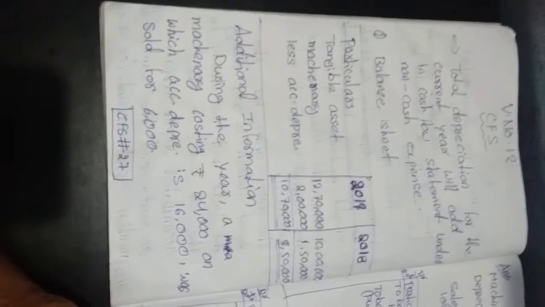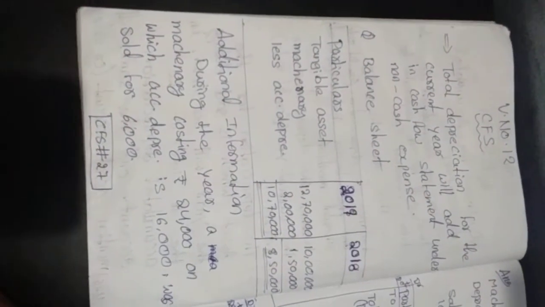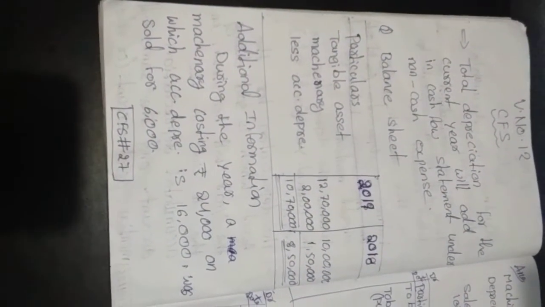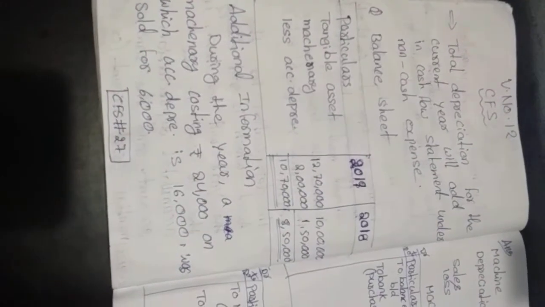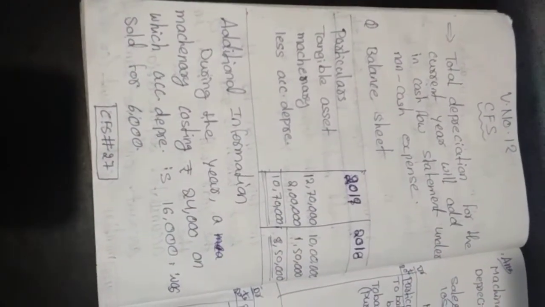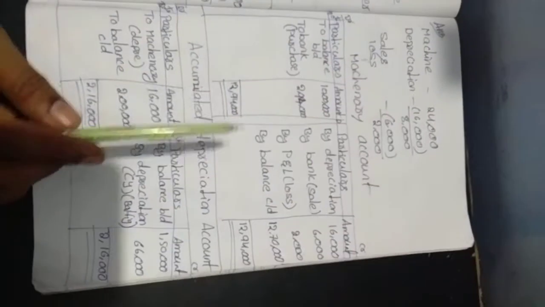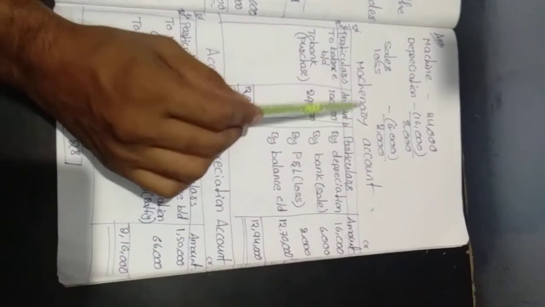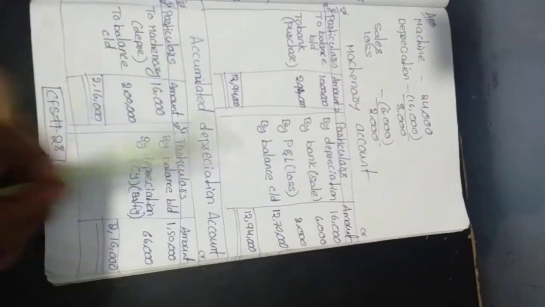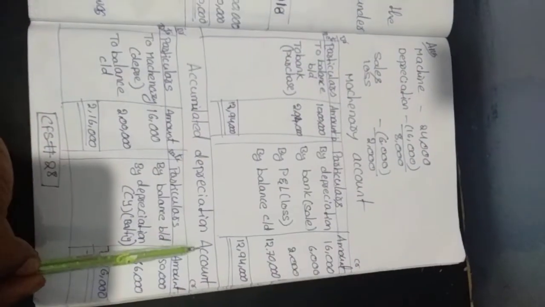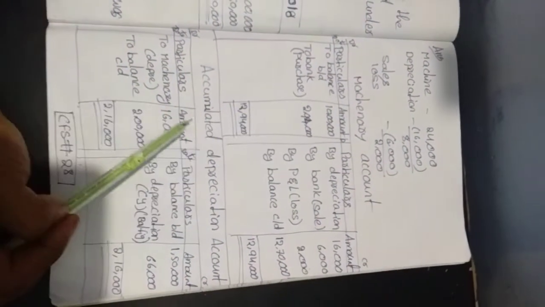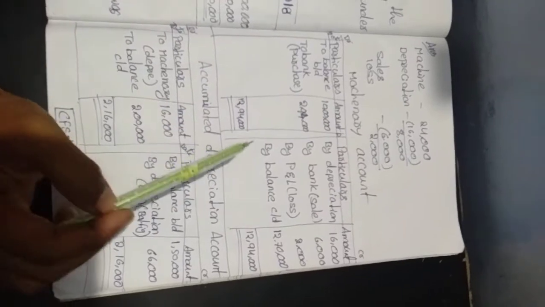So here we have to prepare two accounts. As you can see in the answer part, two accounts are prepared. One is the machinery account and another is the accumulated depreciation account. You already learned this; if you don't know, just revise class 11.